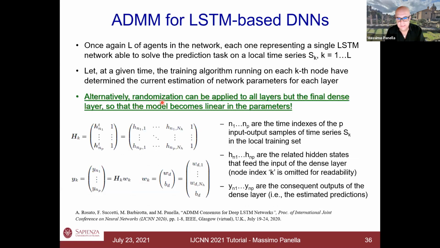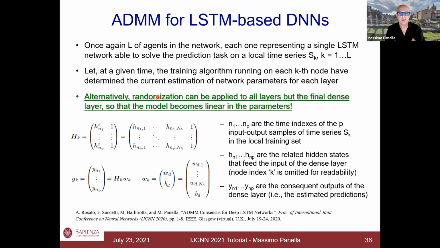But we also proposed last year at IJCNN an ADMM-based LSTM approach, where we adopt randomization in the first layer of the deep stack and leave free for training only the final dense layer, so the model becomes linear in the parameters once again.